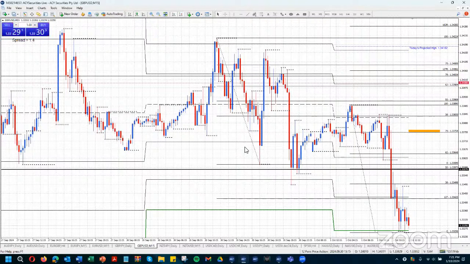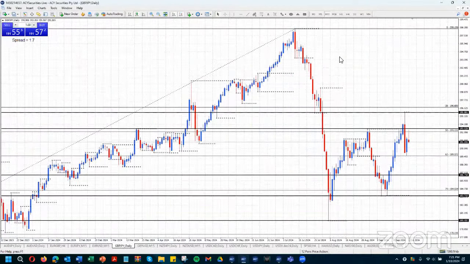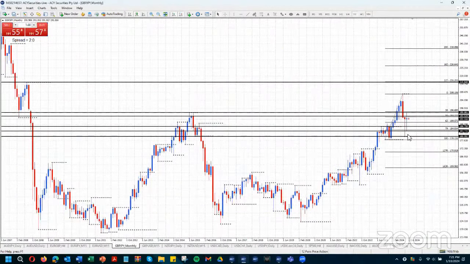All right. So, of course, I'm painting a bit of a downward picture at the moment versus the US dollar here on these pairs. Things can definitely change this week if a US dollar news comes out and dictates. Pound yen. So just to prove the point on the monthly, two rejection candles here down at the 79% level.